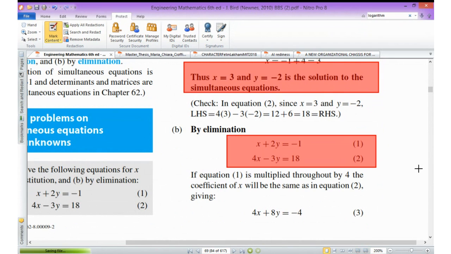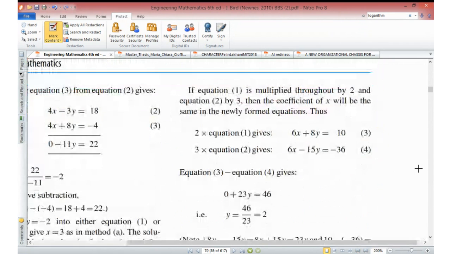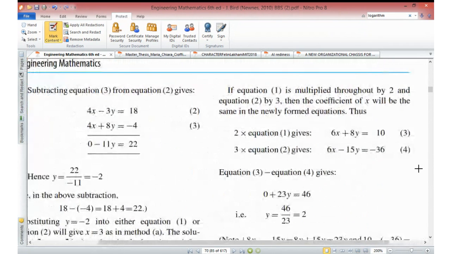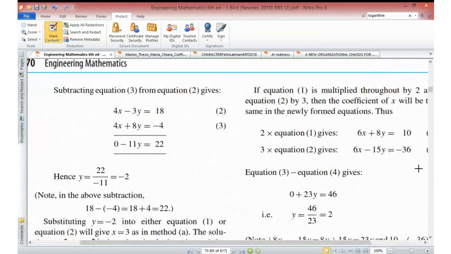Now in elimination, as the name suggests, I'll loosely say you kill one of the unknown terms. So like what we have here, you want to remain with one of the unknowns.